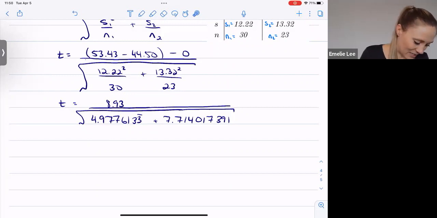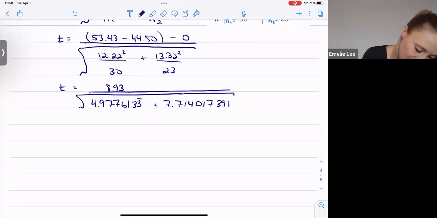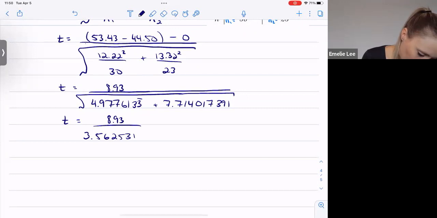Right, so let's take that square root before, square root of that, and then I'll jot that down. That 8.93 divided by 3.562531, oops, 505.